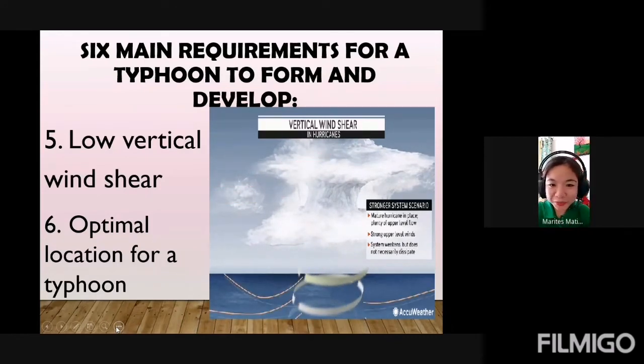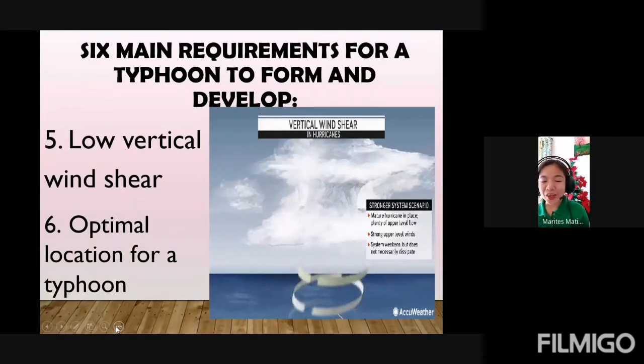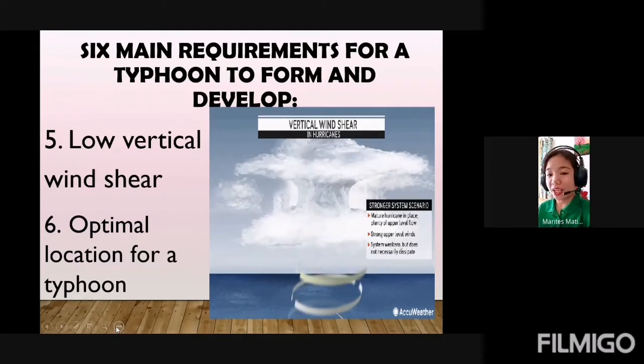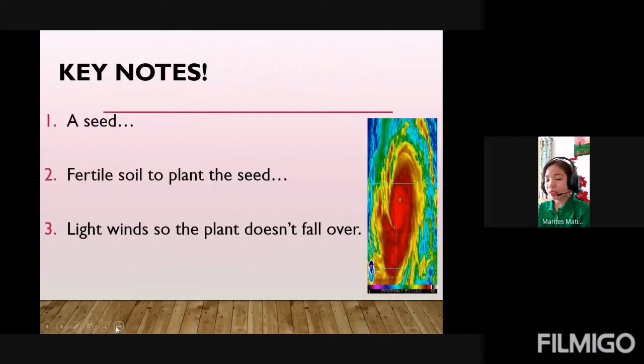Fourth, yes. Krisha. Ma'am, high humidity po. Very good. High humidity. And we must have a low vertical wind shear and the optimal location for a typhoon.